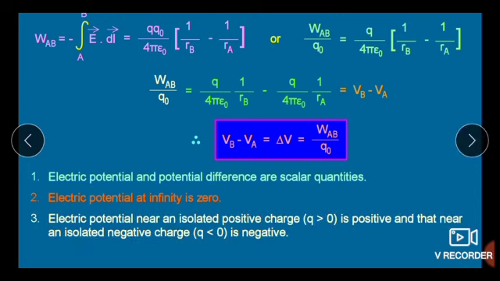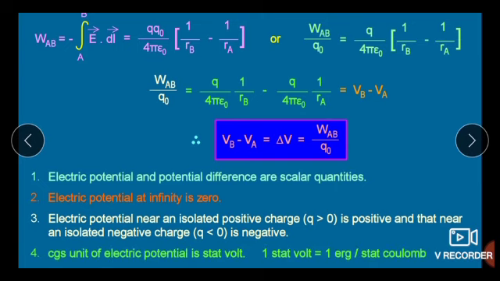The electric potential near an isolated positive charge Q greater than 0 is positive, and that near an isolated negative charge Q less than 0 is negative. Here potential is a scalar quantity. Remember, we take positive and negative in the sense of work done by the system and work done on the system. Here CGS units are not so important for us.